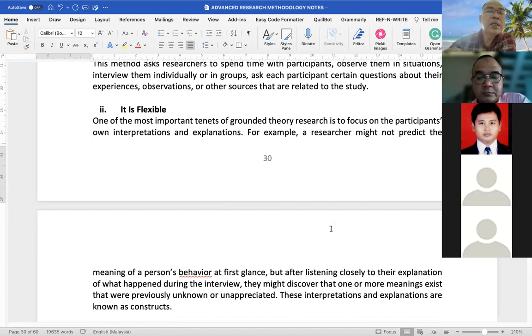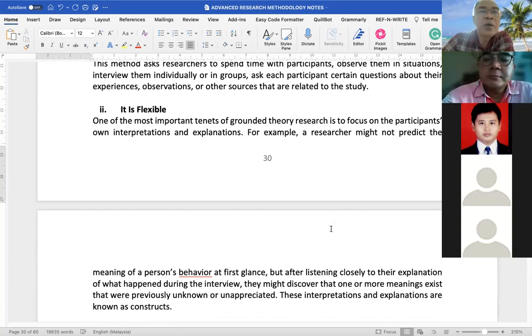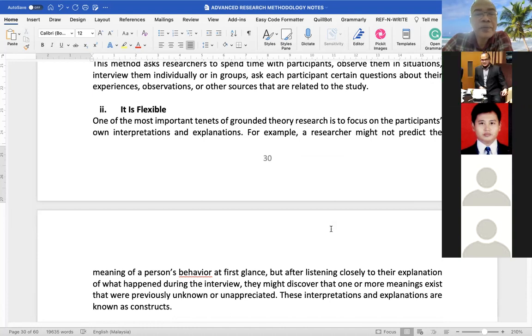So based on this data collection, interviews, observations, the researcher might come up with something new, new meanings, new interpretation, new concepts that the researcher might not have predicted earlier.